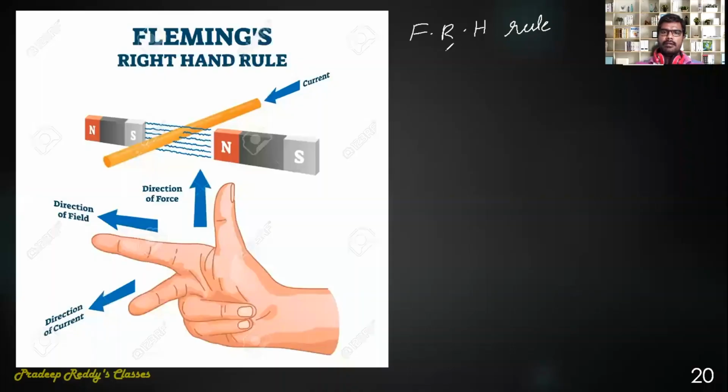Fleming's right hand rule gives the direction of current induced in the coil.